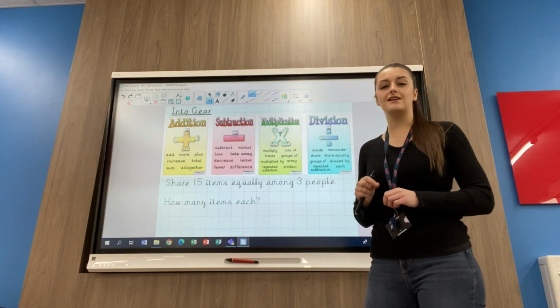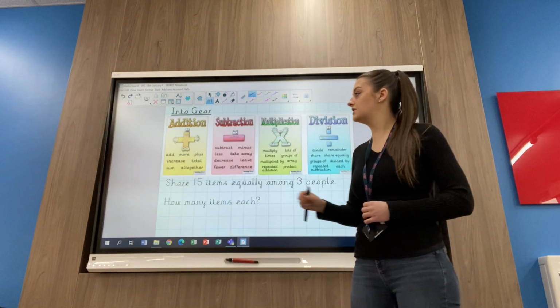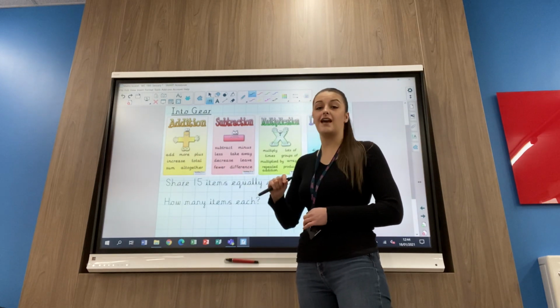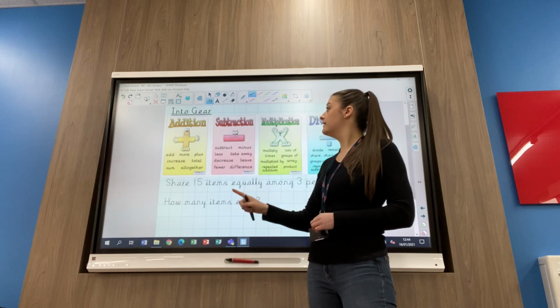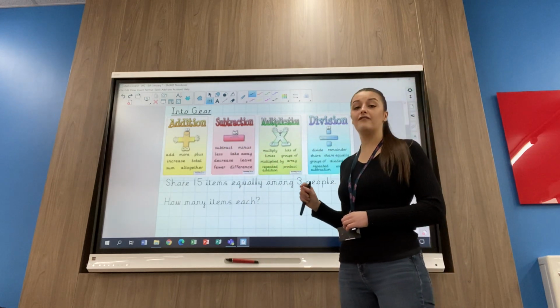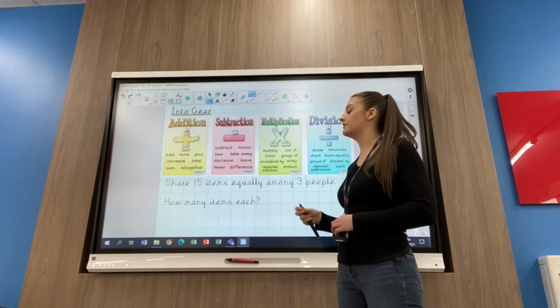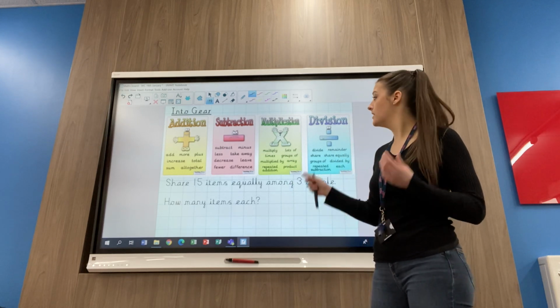Those key words that are telling you which operation you need to do. So we know if we see those total, increase, plus, altogether and sum, we know we need to add. For subtraction, you'll be looking for words like minus, take away, less than, decrease, or the difference.